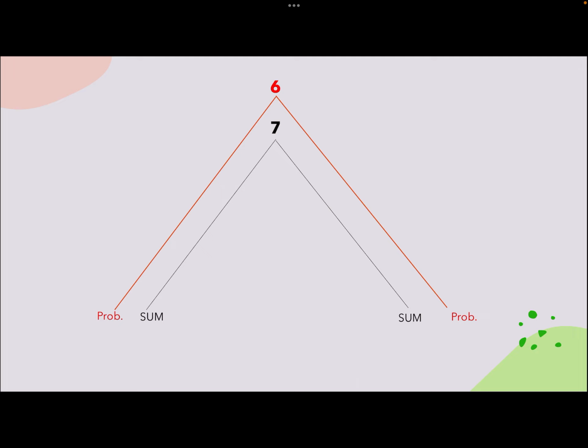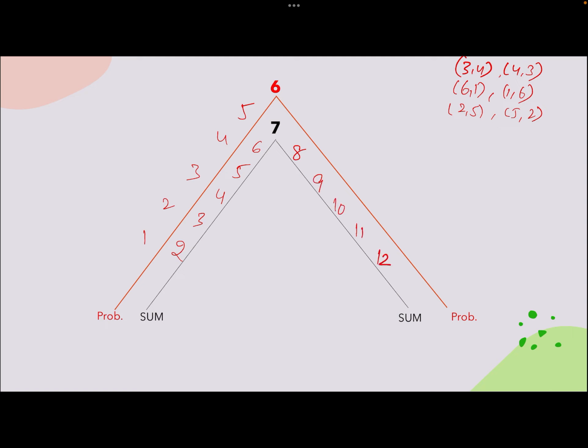For example, sum is 7, we will get 6 possible ways like 3 comma 4, 4 comma 3, 6 comma 1, 1 comma 6, 2 comma 5, 5 comma 2. Then it reduces: 7, 6, 5, 4, 3, 2. 2 is the minimum, like 1 comma 1 is the minimum sum. The counts go 1, 2, 3, 4, 5, 6, likewise for 8, 9, 10, 11, 12: 5, 4, 3, 2, 1. 12 is the maximum sum.